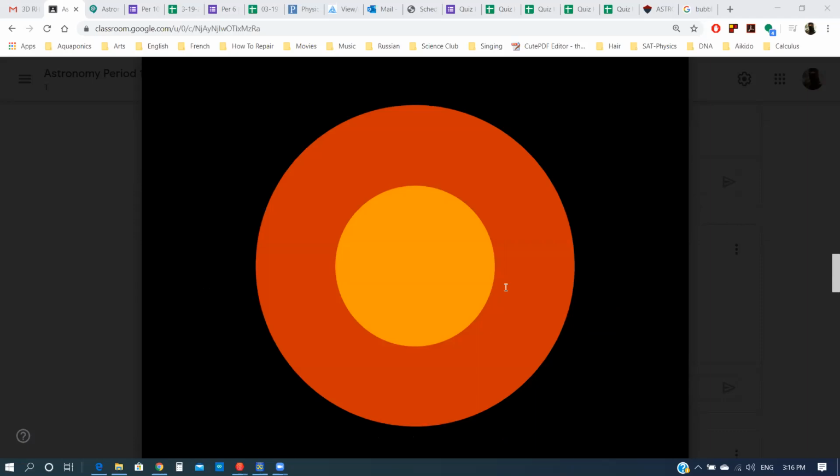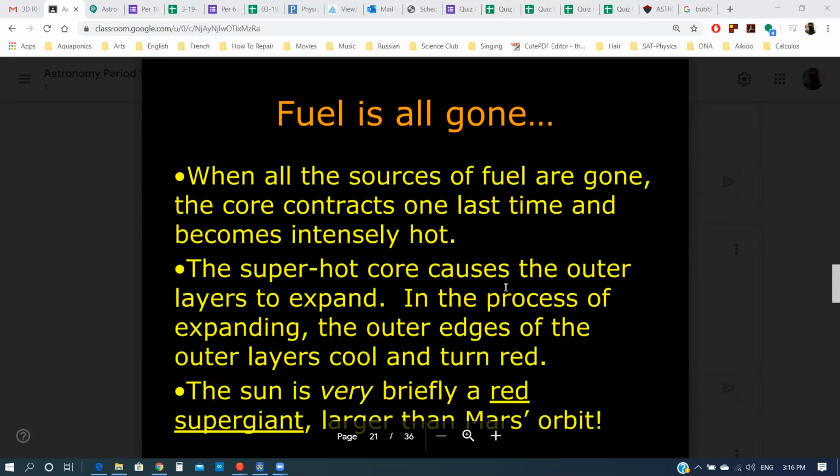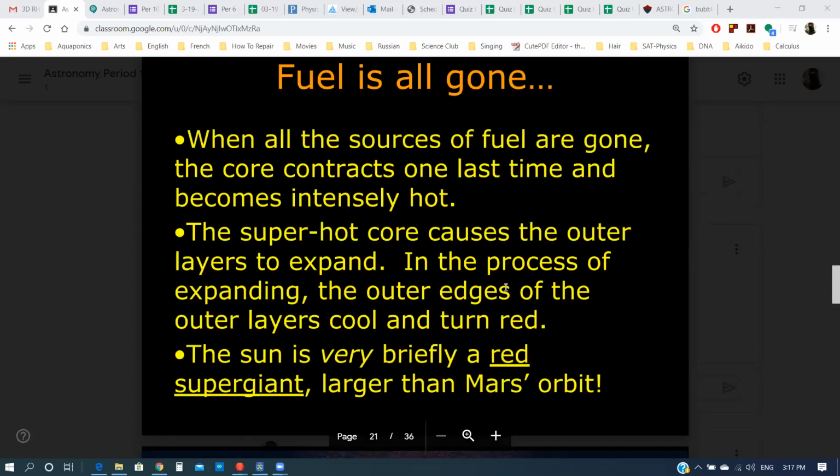When all this fuel is gone, the core finally shrinks one more time. It is very hot, about 100 million degrees Kelvin. However, it doesn't have helium to fuse. Since fusion stopped, the core will contract, which will heat it up again. But this time it's primarily made of carbon, and it's not enough. Temperature and pressure are not high enough to fuse carbon.